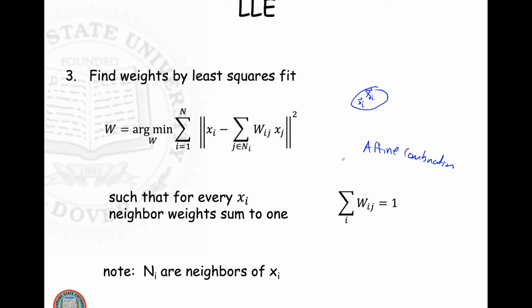And so what we're going to enforce is that for every xi, the neighbor weights that are going to try to reconstruct the xi are going to sum to 1. So we're going to set that constraint. And the good news is that's an equality constraint. So we can absorb that with a slack variable and solve this quadratic optimization problem as an unconstrained equivalent using matrix operations.